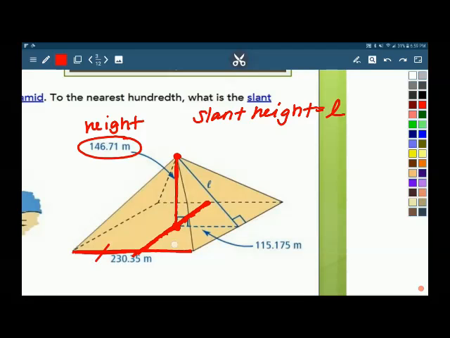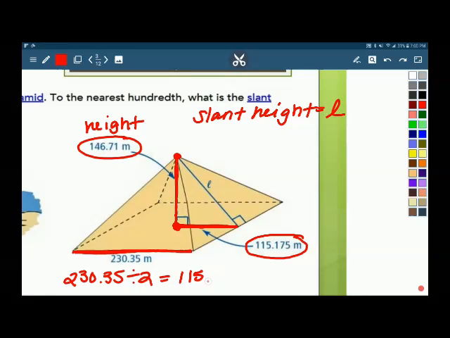These two pieces would be equal, which is exactly what this dimension is, this number. If you were to take 230.35 and divide it by 2, you're going to get 115.175, which is this number right here.